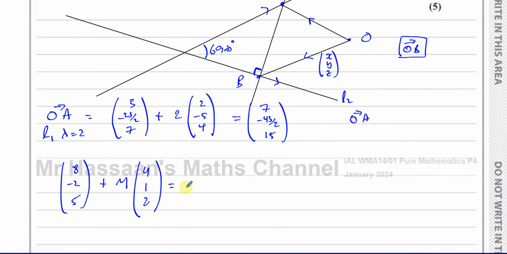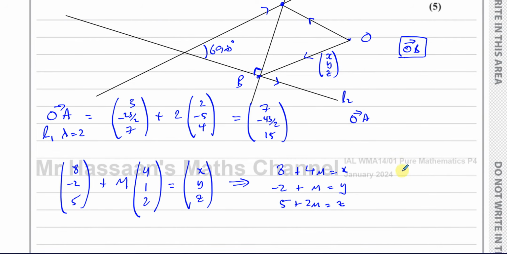So I know that there's going to be a value of mu that takes us to this point X, Y and Z. From this I can form 3 equations: 8 plus 4 mu equals X, minus 2 plus mu is equal to Y, and 5 plus 2 mu is equal to Z. I have formed these from the fact that this point lies on this line. So that's one thing I'm going to use.